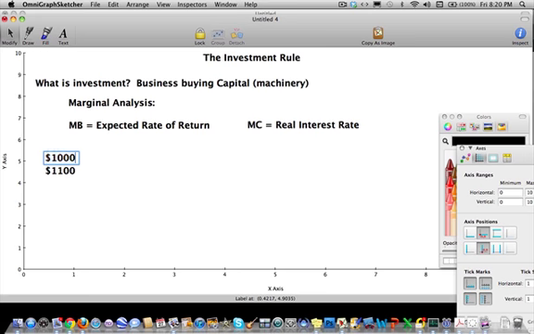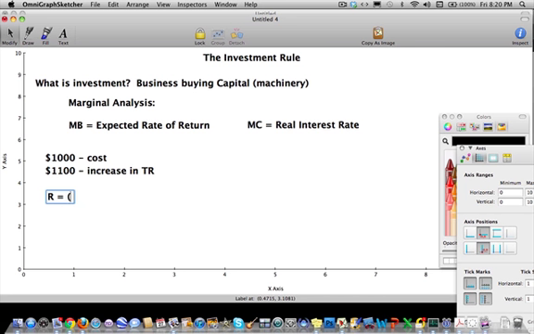So this was my cost, and this is the increase in total revenue. Well, my expected rate of return, or R, actually, let's do R like that. My expected rate of return is going to be computed this way.